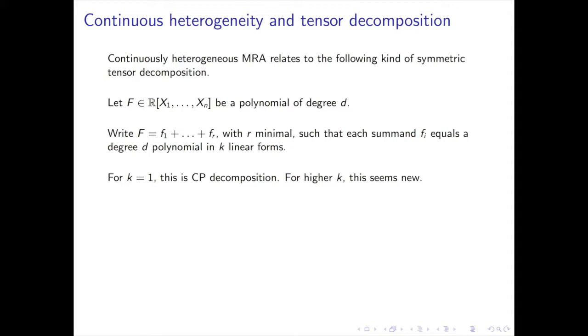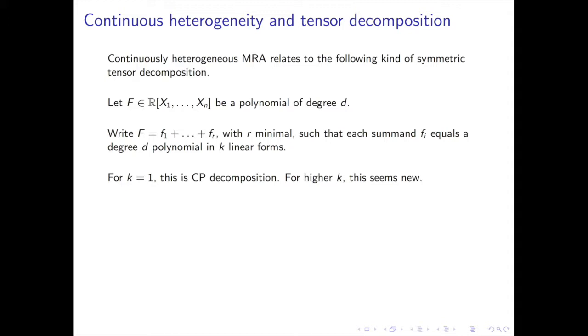Write capital F as a sum of little f1 up to little fr with r minimal, such that each f_i has a special simple form: a degree d polynomial in k linear forms. So capital F is degree d in n variables, and we're trying to write it as a sum of degree d polynomials which secretly can be written in k variables.